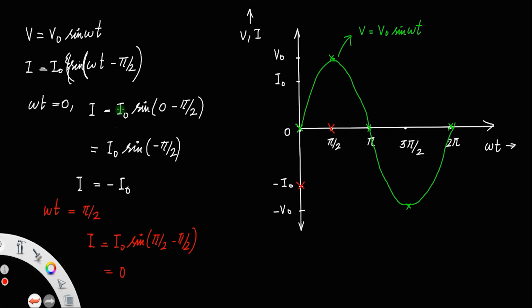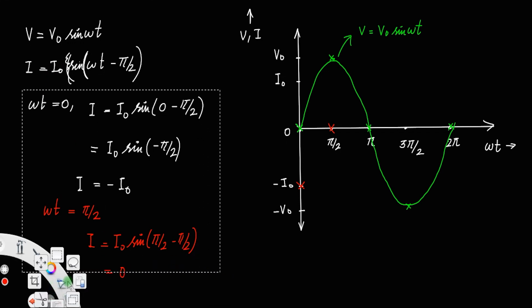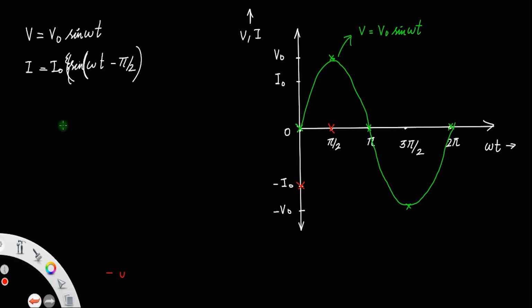What happens when omega t equals pi? If you substitute that in the equation, I0 sine of pi minus pi by 2 is equal to I0 sine pi by 2. But you know sine pi by 2 is 1, so its value will be I0. So when omega t is pi, its value will be maximum, I equal to I0.